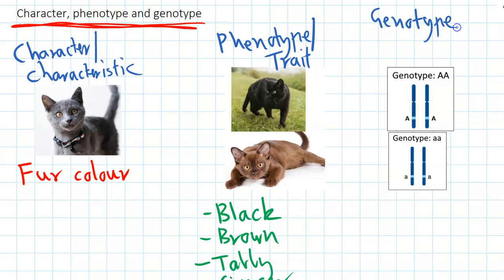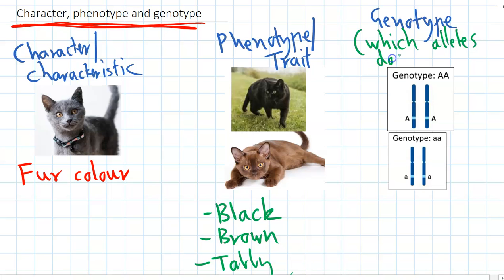Genotype. So remember, we've learnt about alleles before, and the genotype is basically listing which two alleles that individual in the species has. So which alleles does an individual have?